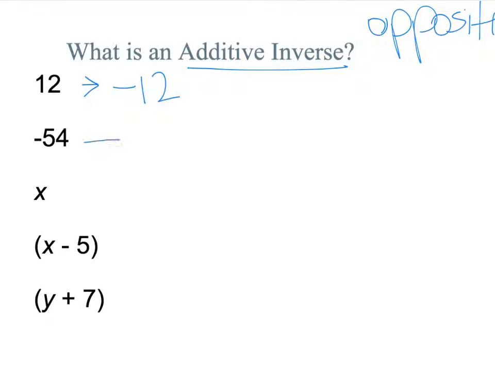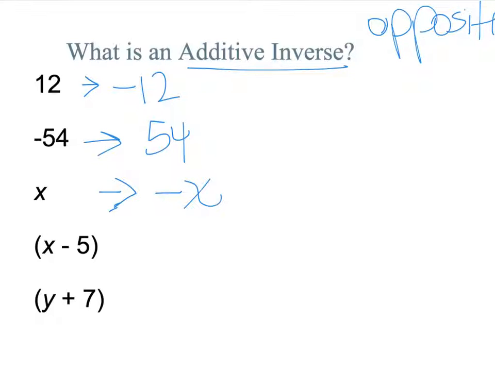The opposite of negative 54 is positive 54. And the additive inverse of x would be negative x. So all we're doing here is changing the sign, taking the opposite.